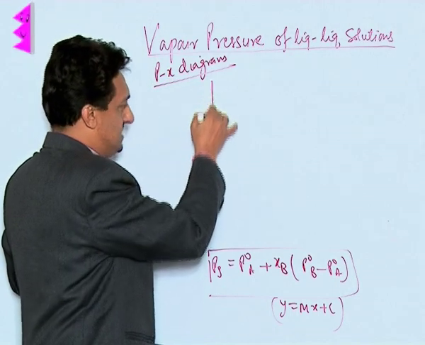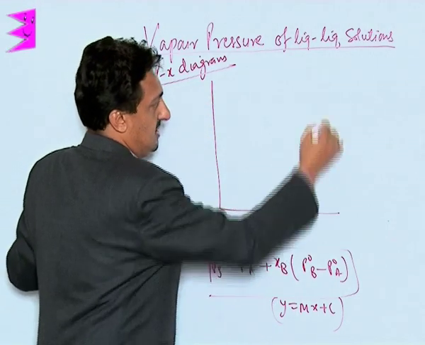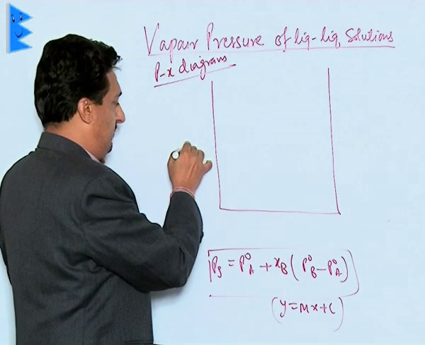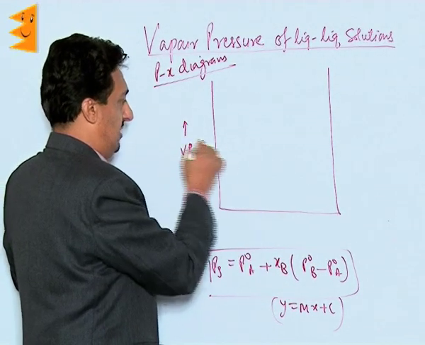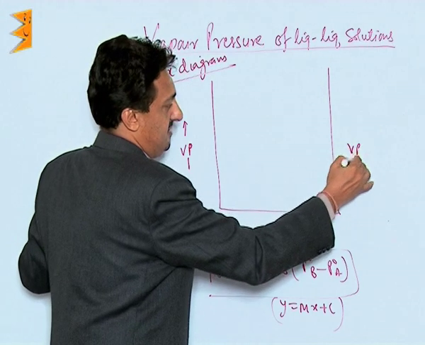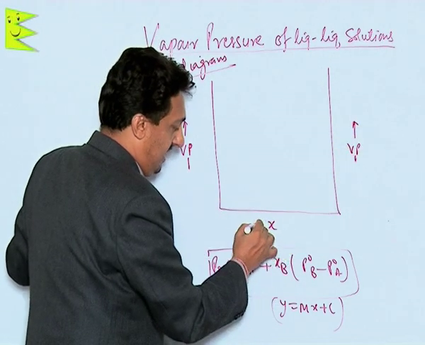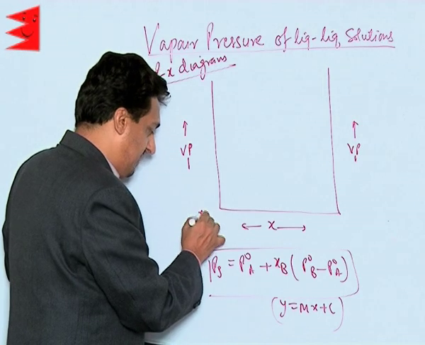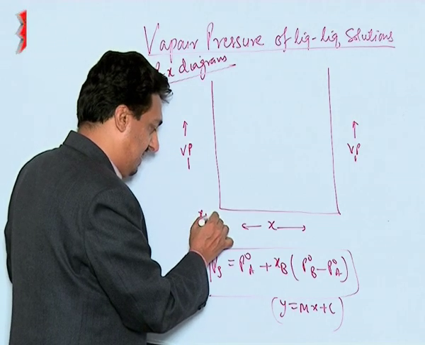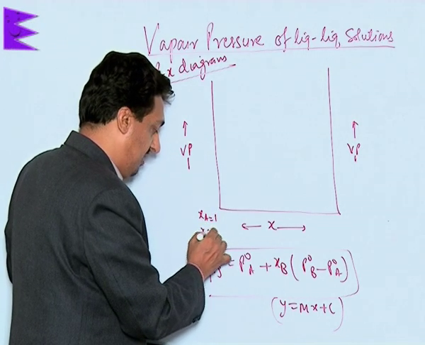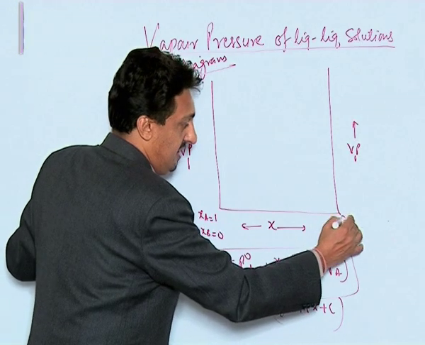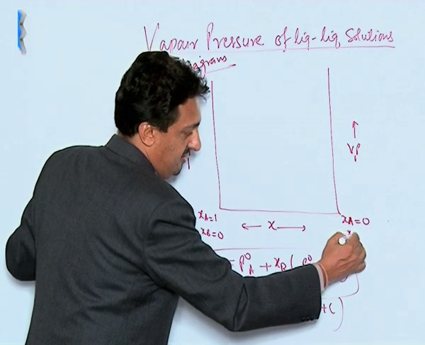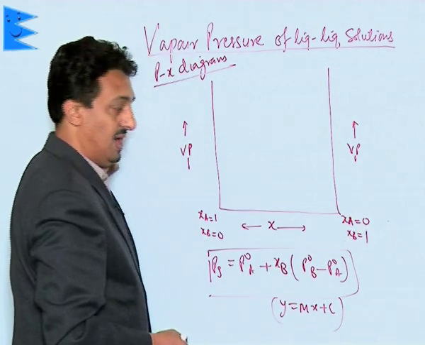What we do in this case is, the graph drawn is almost like this. Vapor pressure is taken on both the left and right hand side of this graph, and along the x-axis mole fraction is taken. On the left hand side, the mole fraction of solvent is taken as 1 and of the solute as 0, whereas on the right hand side, the mole fraction of the solvent is taken as 0 and of the solute as 1.